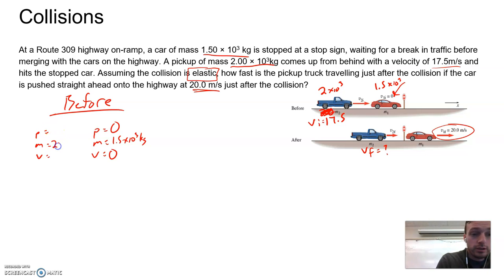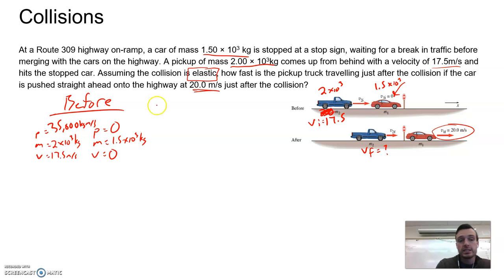Before the collision, the truck certainly has a lot of momentum: 2 times 10 to the 3 mass and 17.5 meters per second for velocity. Multiplying those two numbers together, 2e3 times 17.5 gets us 35,000 kilogram meters per second to be exact.